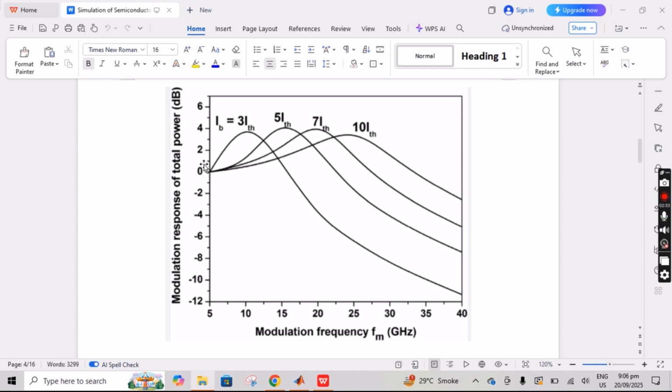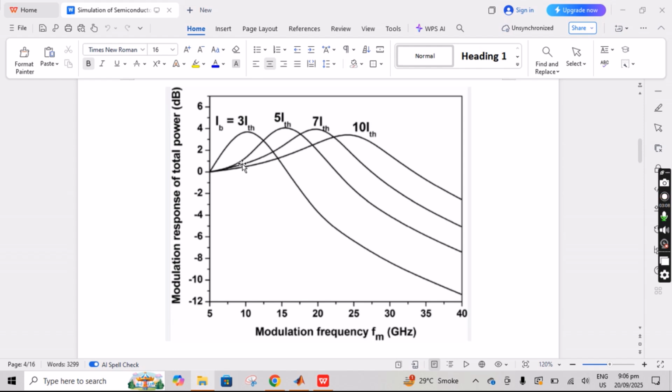Okay, so the thing is that when the modulation frequency increases, the third, fifth, seventh and tenth factors of power modulation of total power increase according to different frequency levels.